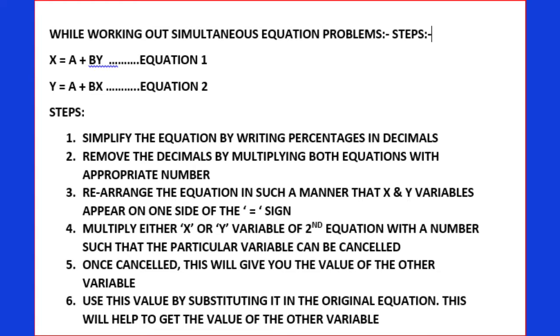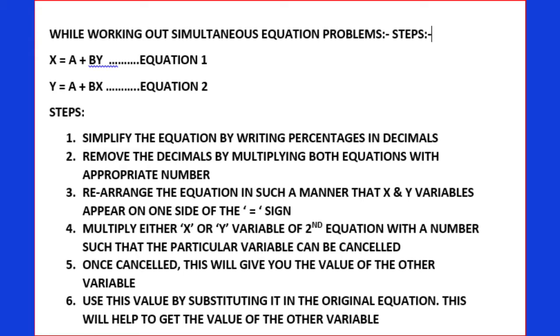So whenever you solve this problem, I have told you what is the meaning of x, a, b, y, as well as what is the meaning of y, a and b, x. And going forward, while working out the problems, I had discussed with you the various steps. First, you will be simplifying the equation by writing the percentages in decimals.